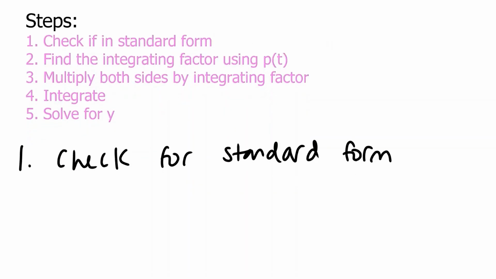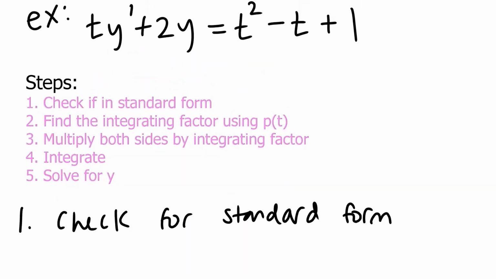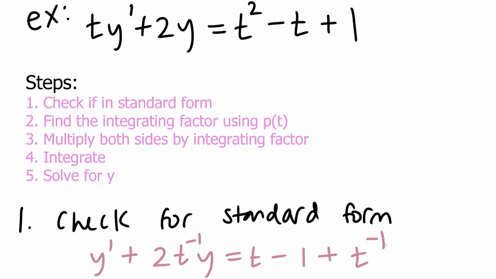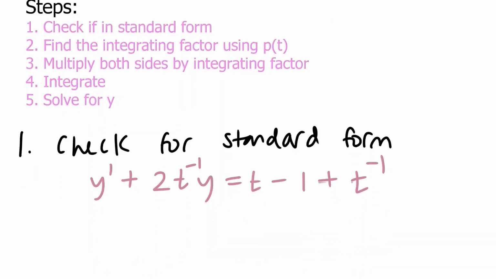If you divide everything by t, you get y prime plus 2t to the negative 1, y equals t minus 1 plus t to the negative 1. So that is now in standard form, and we can continue on to the next step.